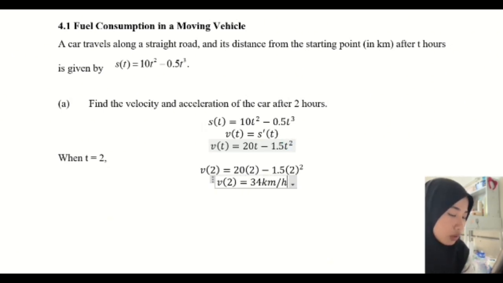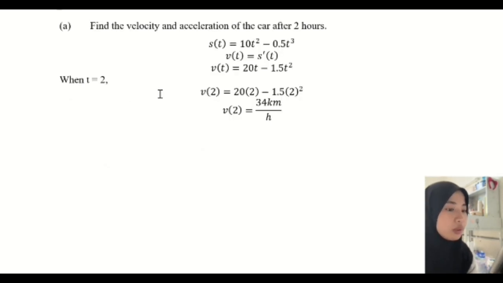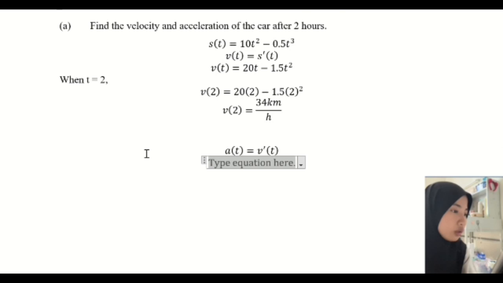km per hour. This is for the velocity, but for the acceleration, we need to do the same thing, which is to differentiate the derivative of V(t). So, A(t) equals V prime (t), which is 20 minus 3t.